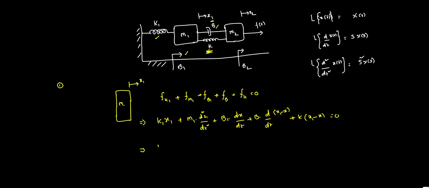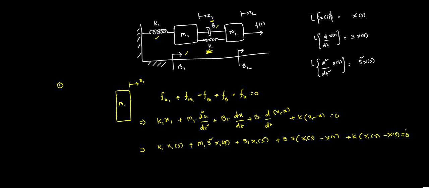Here, k1 X1(s) plus m1 s square X1(s) plus b1 s X1(s) plus b s into X1(s) minus X2(s) plus k into X1(s) minus X2(s) is equal to 0. Okay, that is how we have to make it.